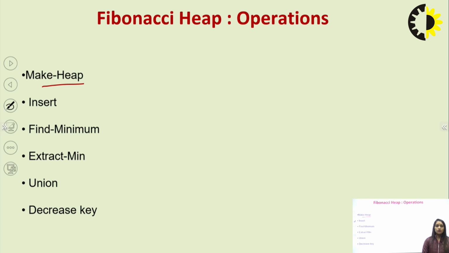All these are important operations, but extract minimum and decrease key are both very important operations of Fibonacci heap, and most of the time in AKTU questions arise from these operations. Comparatively, make heap, insert, find minimum and union are very easy operations.